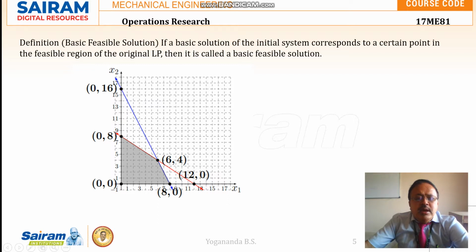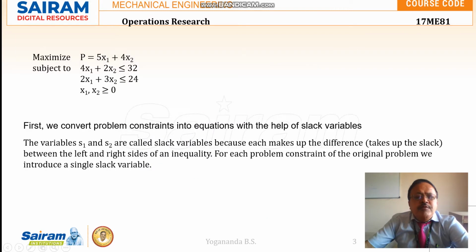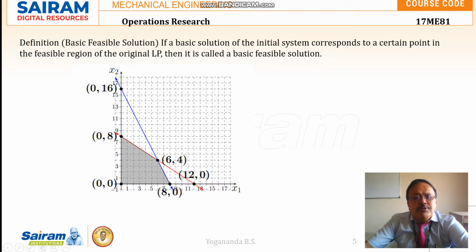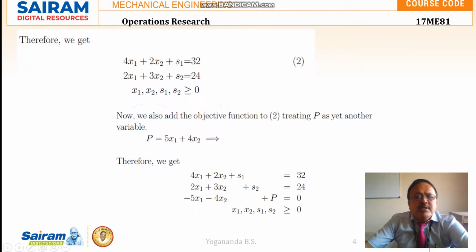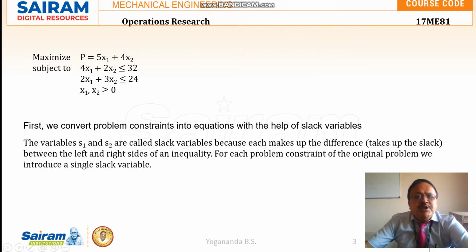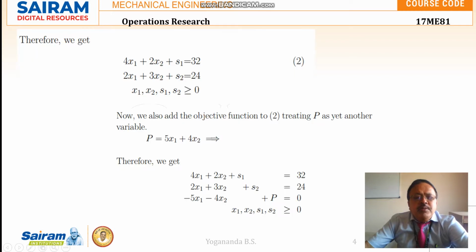Now take all the corner points: 0 comma 0, 0 comma 8, 6 comma 4, 8 comma 0. With these 4 corner points, find the value of P, so we will have 4 P values. Substituting x1 as 0 and x2 as 0 in the objective function, P will be 0.